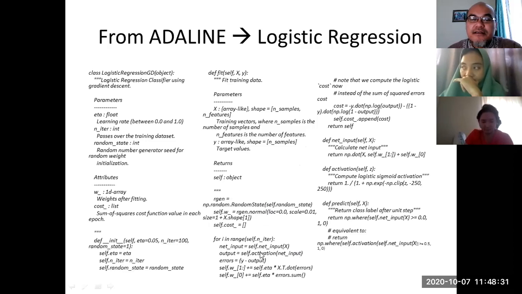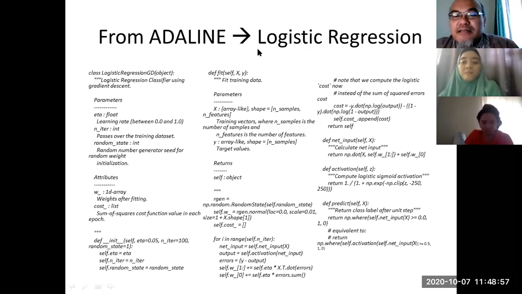Yeah, this is the weight function. Then computing the logistic cost now, using minus y dot np.log(output) minus (1 minus y) dot np.log(1 minus output). Then this becomes the error or the cost function, the J(w).